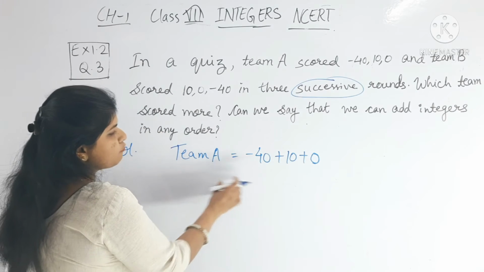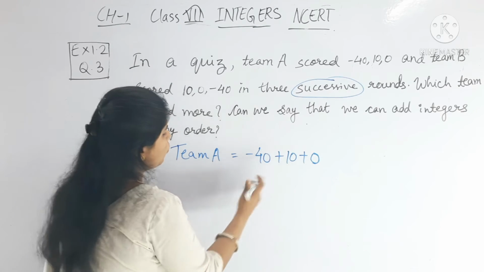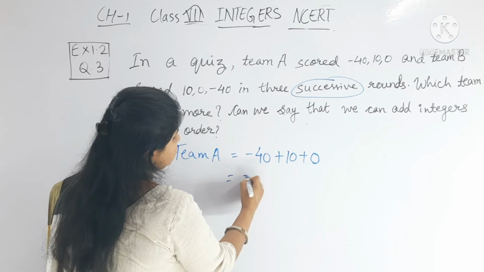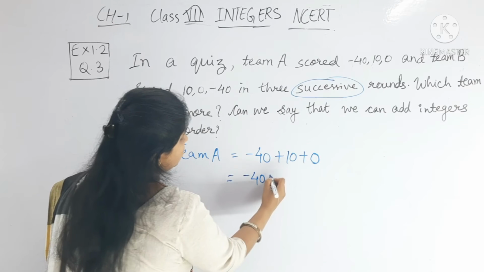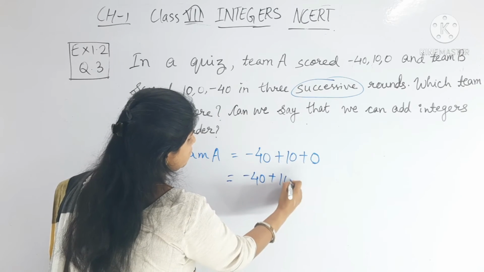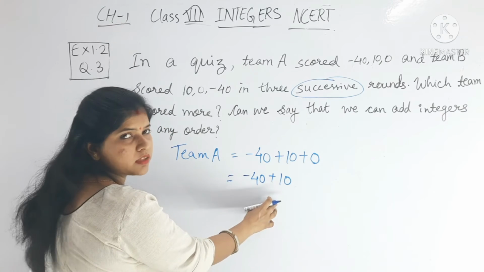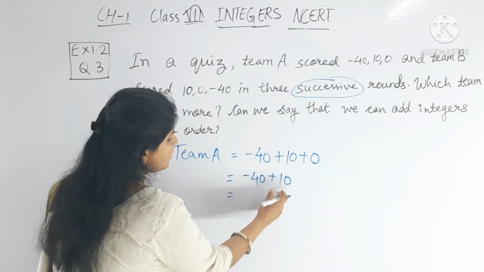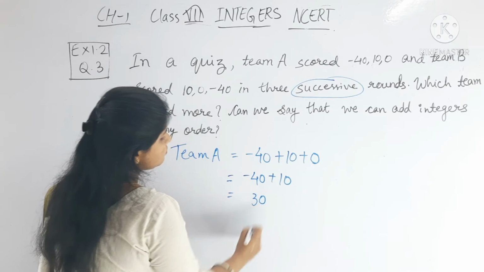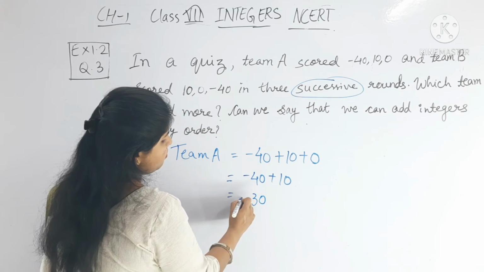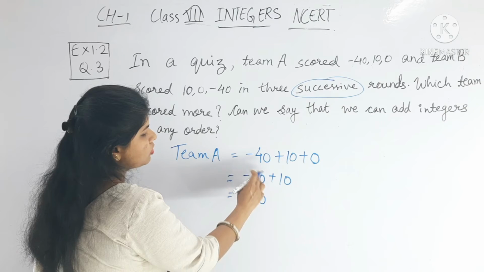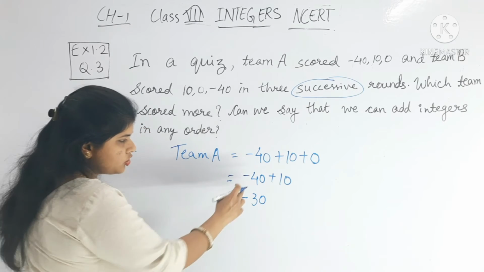So -40 and 10 plus 0 is 10. So -40 plus 10, minus plus is minus. So 40 minus 10 will be 30 and here minus sign because of the larger number.